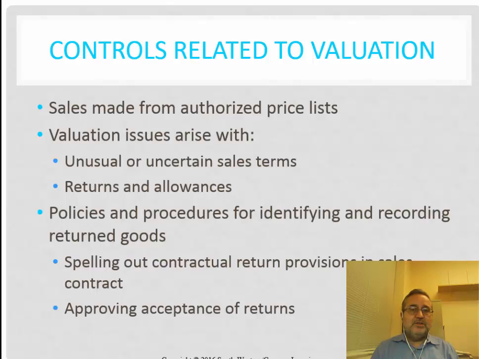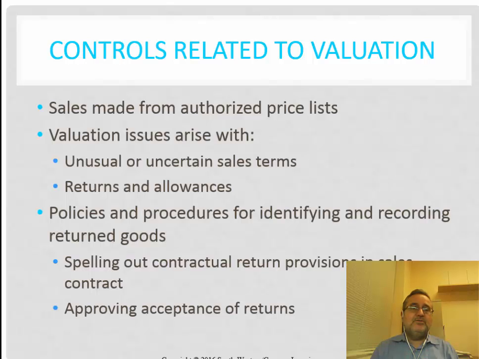Maybe there's price discounts that can come from a higher level within the organization. From an auditor's perspective, we're interested in finding out what the items were sold for, and if there were exceptions to the list price, were these exceptions authorized, and was the authorization documented?